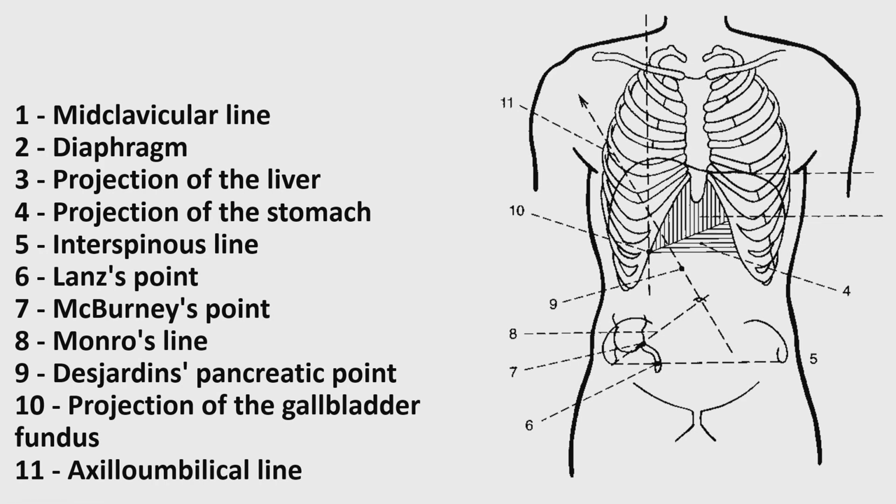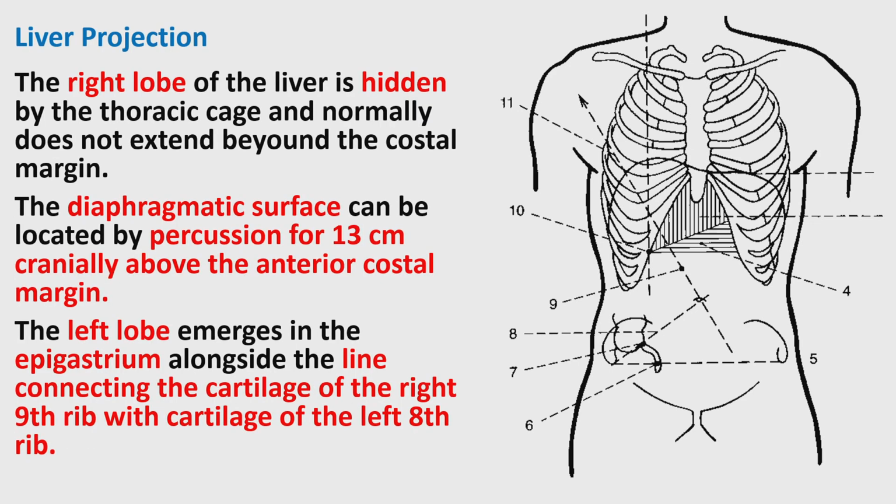This is the surface projection of the organs. One, liver. This is the area of the liver. You know that the right lobe is covered by the ribs. The diaphragmatic surface can be examined by percussion approximately 13 centimeters above the anterior costal margin.